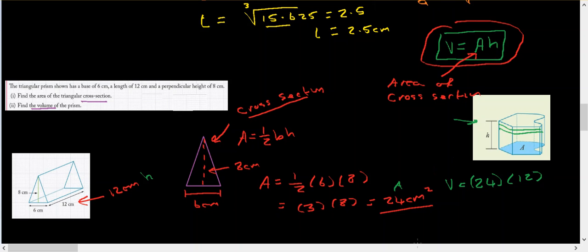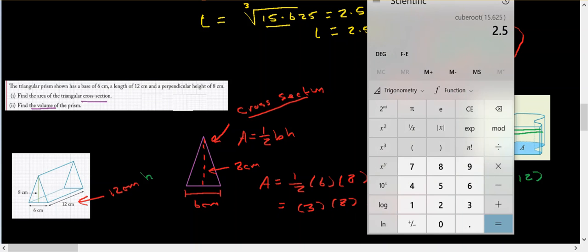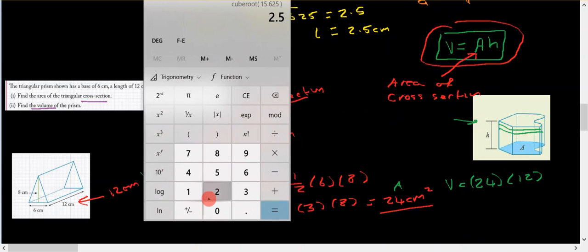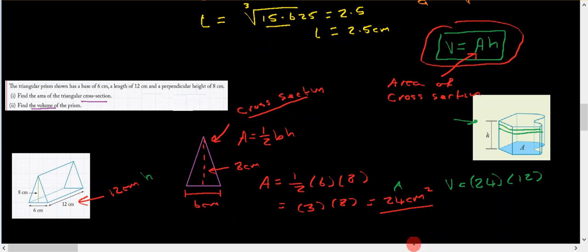So if we multiply those out, on the calculator, it's going to be 24 multiplied by 12, which is equal to 288. So this is equal to 288 centimeters cubed. And it's very important that you get the right units as well.